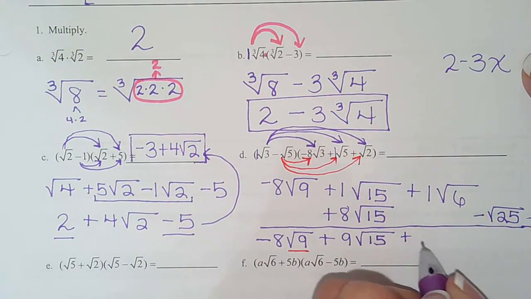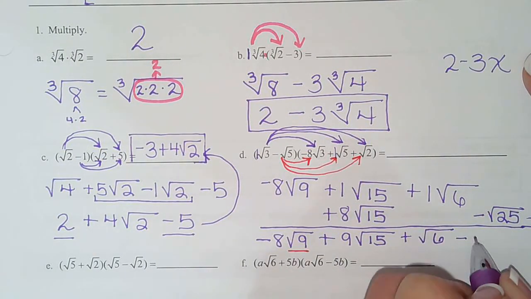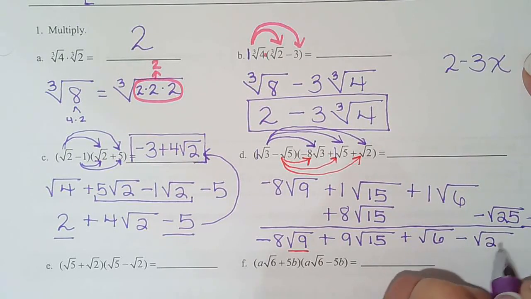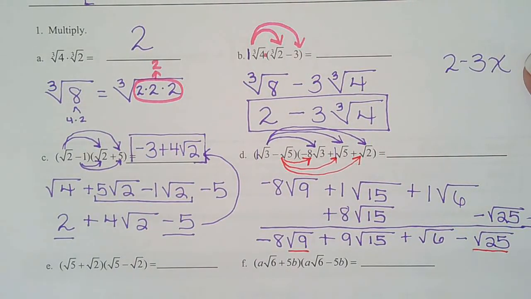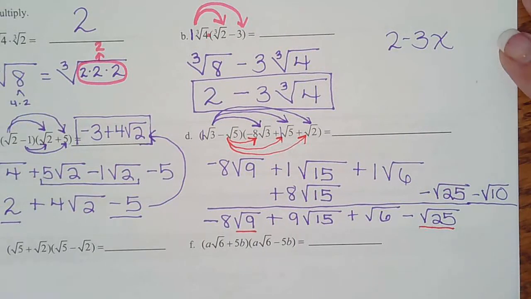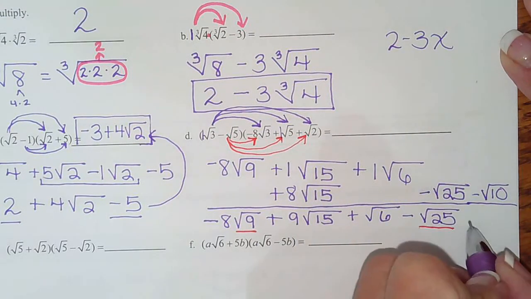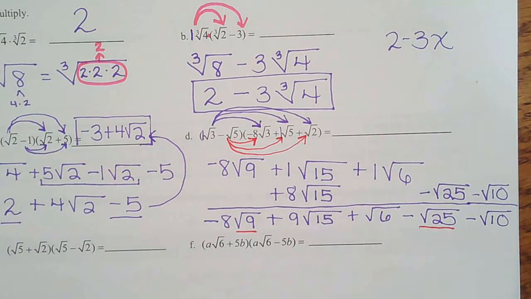Nothing to add this to, so just bring down the radical 6. This one can be simplified, so we'll underline it. Because we know the square root of 25 is 5, right? And then this one has nothing to add to it, so it'll just be negative radical 10.